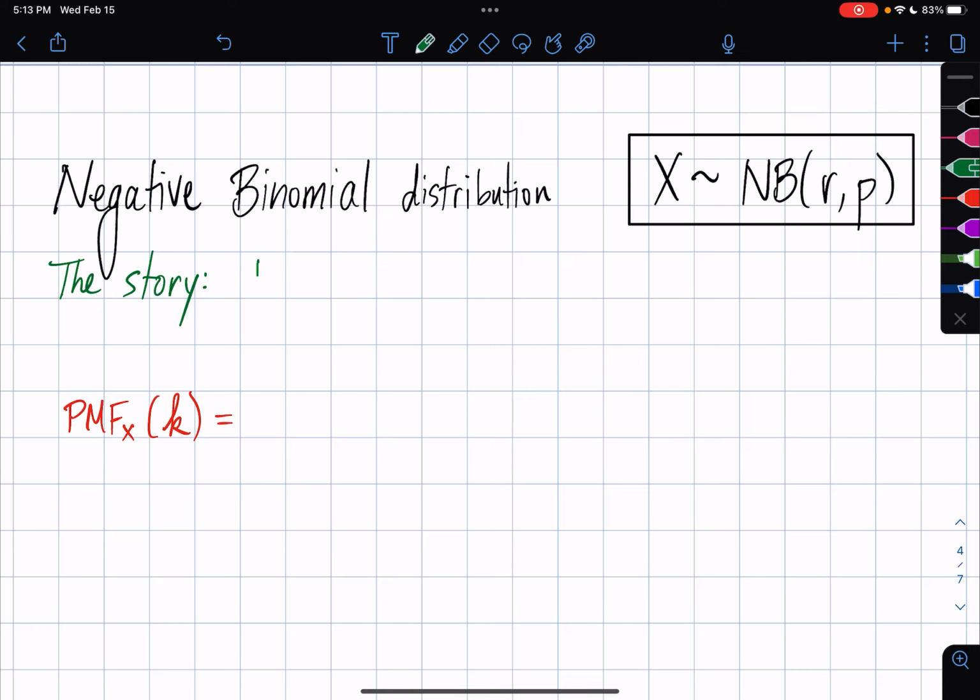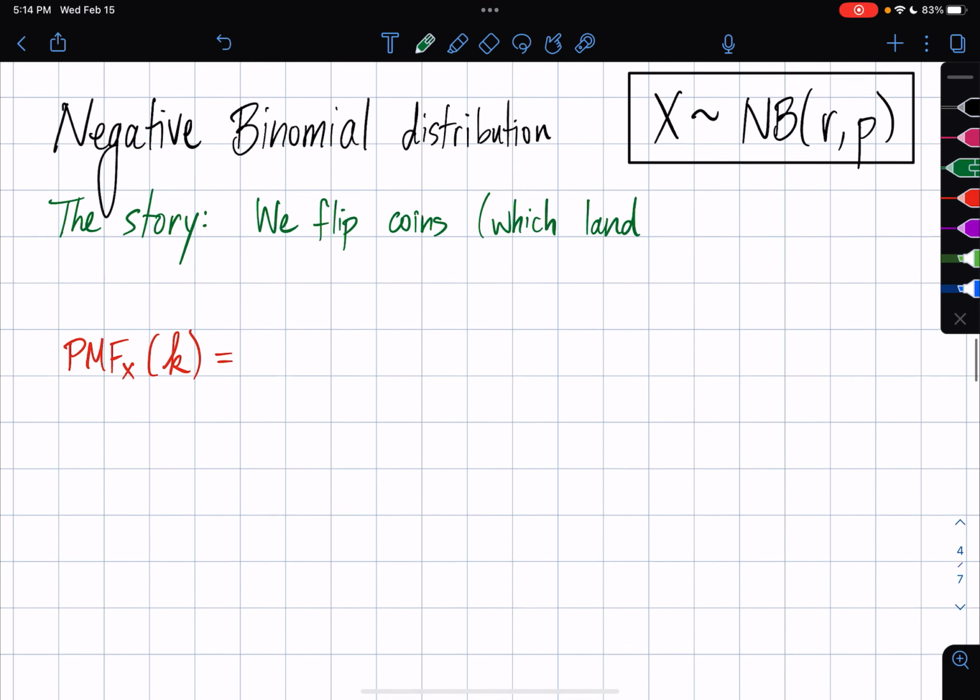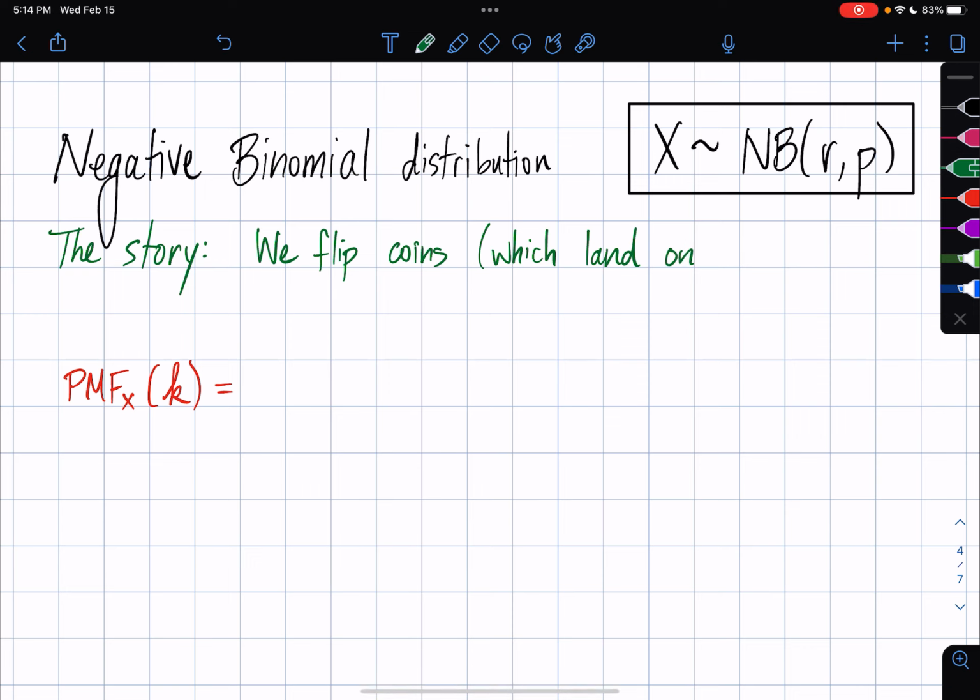The story is we flip coins which aren't fair coins, probably, which land on heads with probability p. All right, that's our p here, probability p.